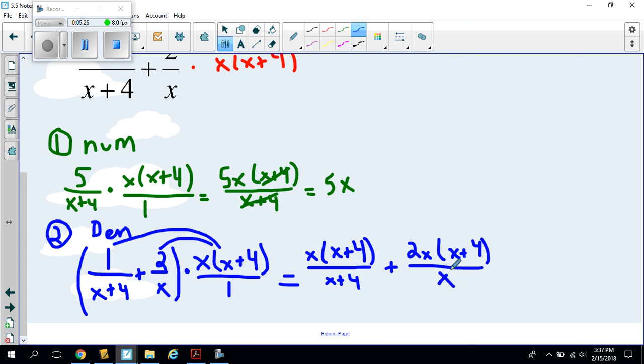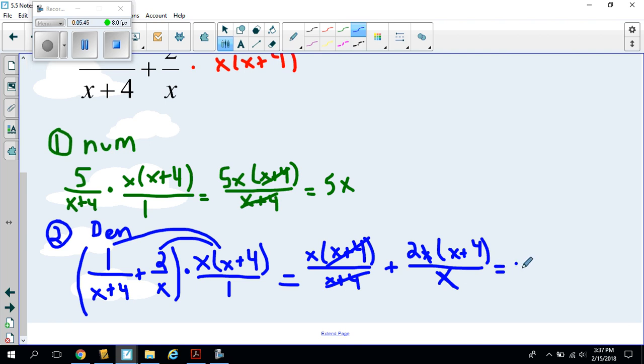Now, just like we did before, we are going to cancel things we see in the numerator and the denominator. Now we're going to deal with our first fraction. Notice we have x plus 4 and x plus 4 both in the numerator and denominator. Those cancel. And then in our second fraction, we have an x in the numerator and then an x in the denominator. We can cancel that out.